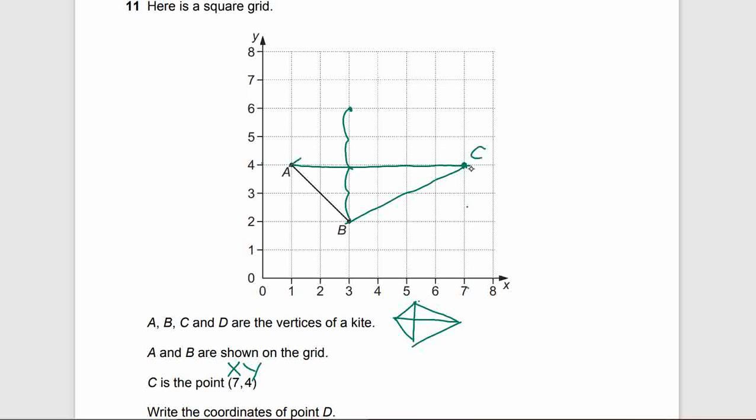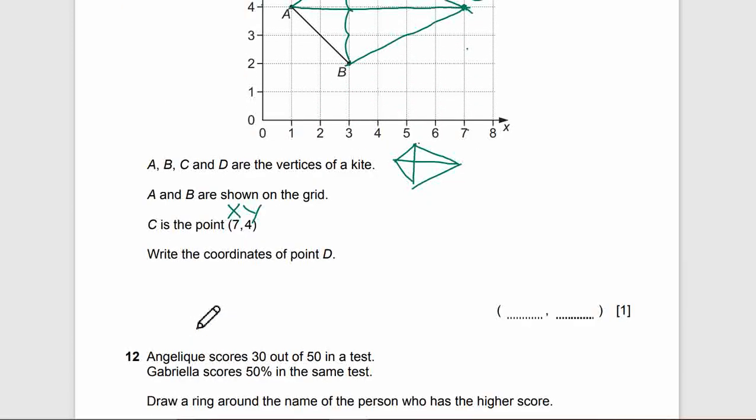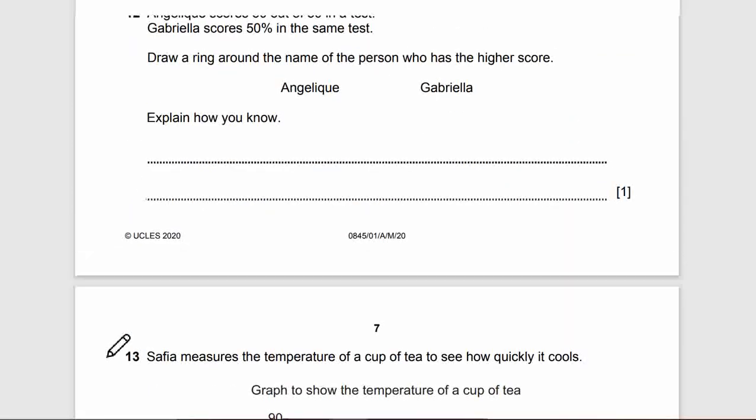So we connect here, and we connect here to get D. The coordinates will be from here: X is 3 and Y is 6, so 3, 6 is the answer. Next we go to number 12.